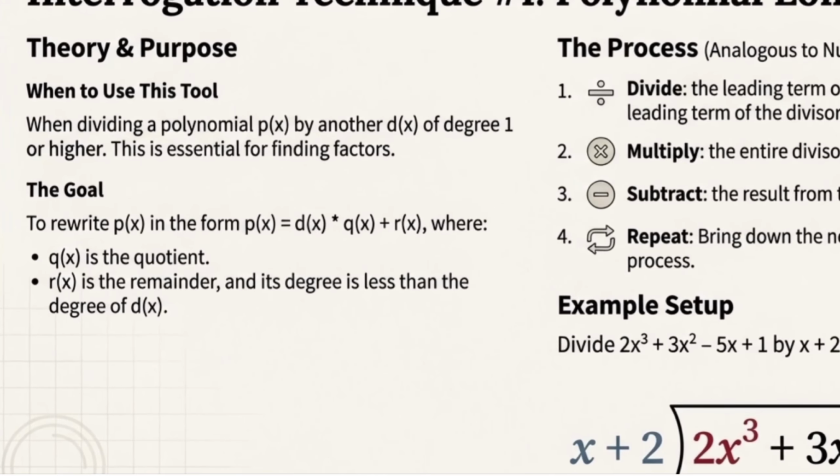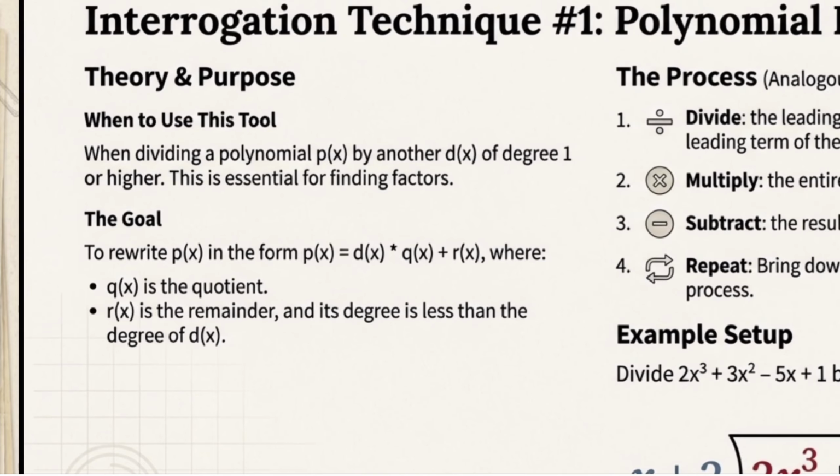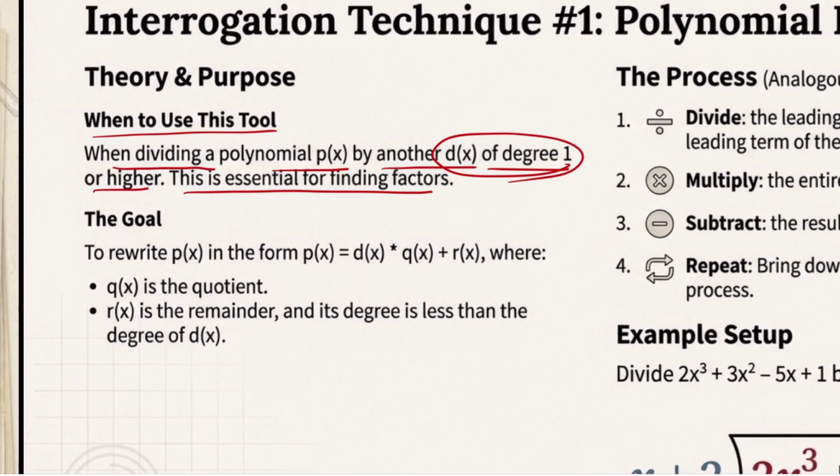The theory behind all of this story is about when to use this tool. First of all, as I just told you, we use it when dividing a polynomial, for example p of x, by another one, d of x, of degree 1. Remember, the one that we are going to divide by should be of degree 1 or higher, but at this specific point, we're just going to talk about degree 1. This is essential for finding the factor.